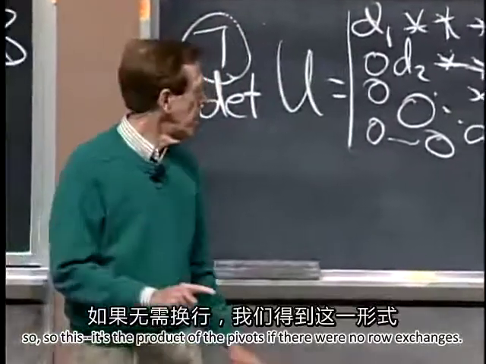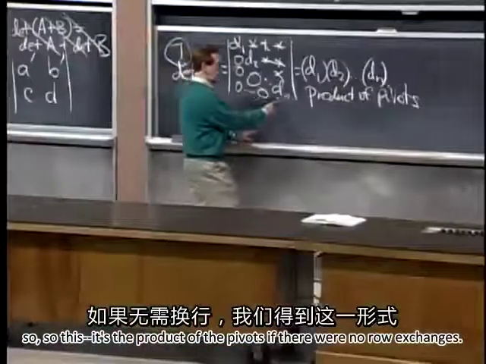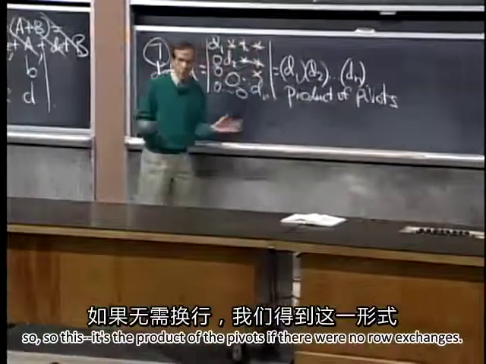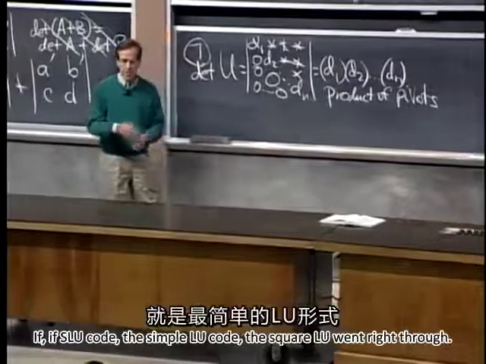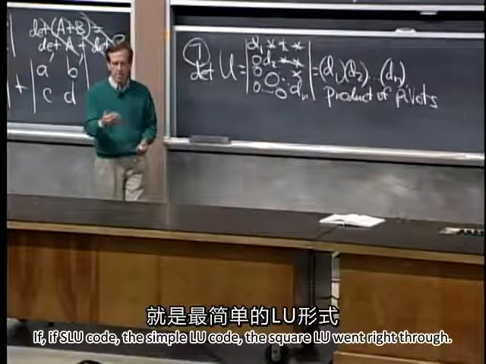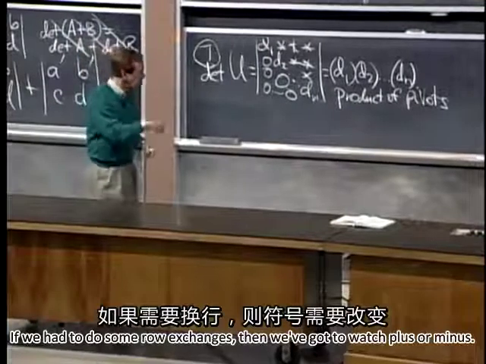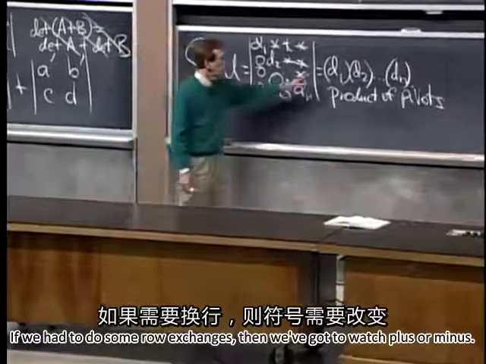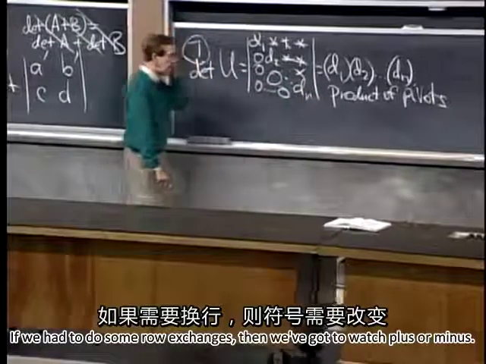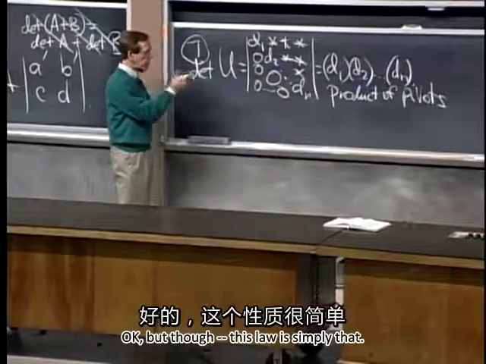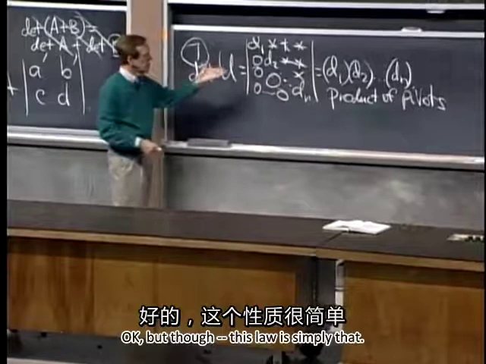So it's the product of the pivots if there were no row exchanges. If the simple LU code, just square LU, went right through. If we had to do some row exchanges, then we've got to watch plus or minus. Okay, but this law is simply that.